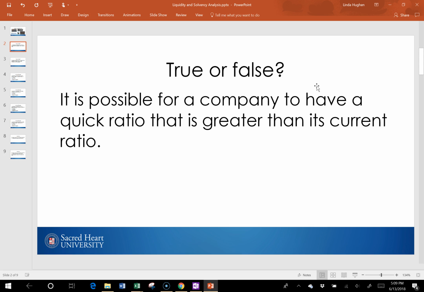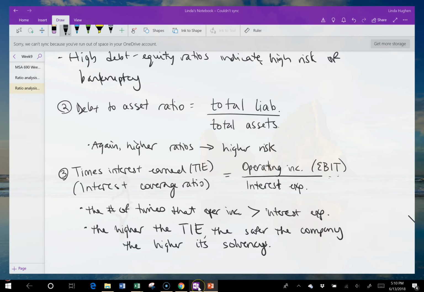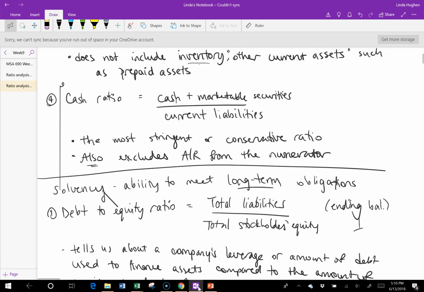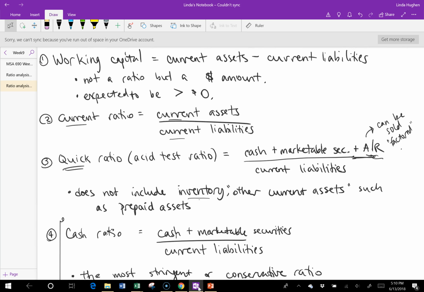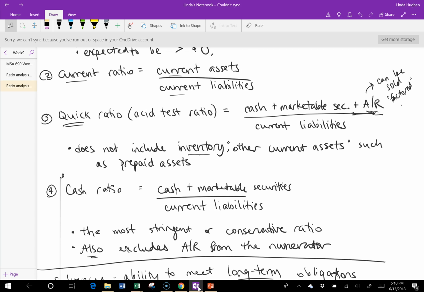It is possible for a company to have a quick ratio that is greater than its current ratio. Pause here, take a moment to think about this. The answer is false. Remember, as we went through our liquidity ratios, they get more, starting with the current ratio down to the quick ratio to the cash ratio.